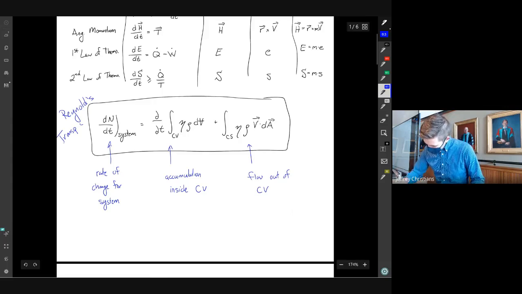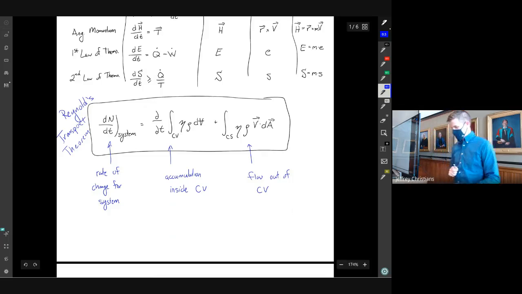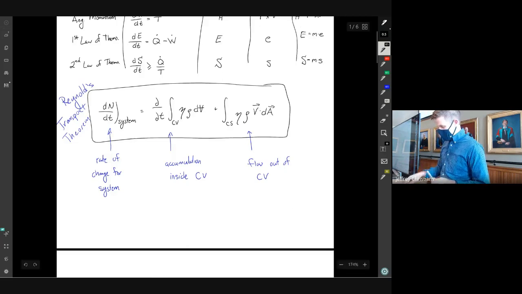I can't spell transport. So you may hear me talk about Reynolds transport theorem. I don't particularly care if you remember the name, but it's this idea of mapping physical laws onto a flow system control volume type picture. So let's see how that works.